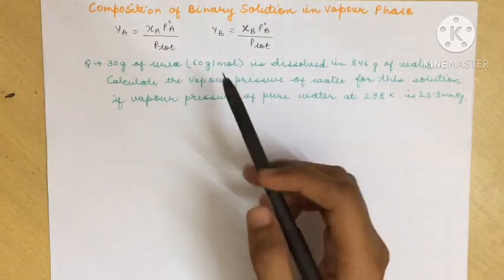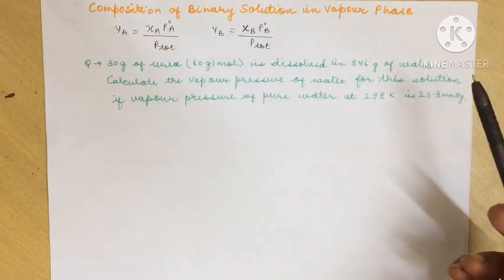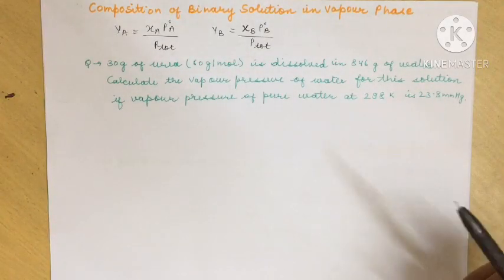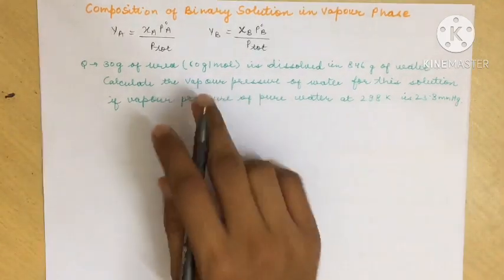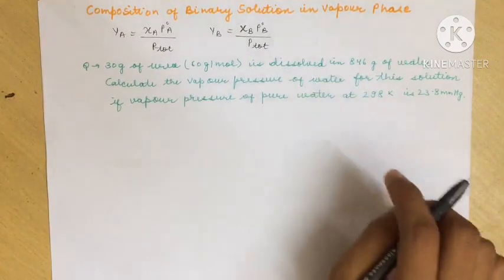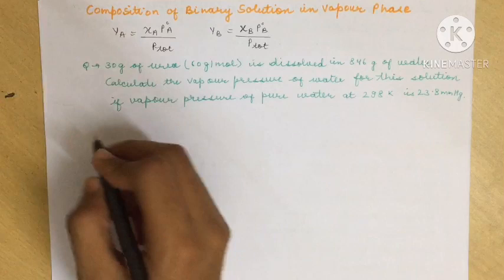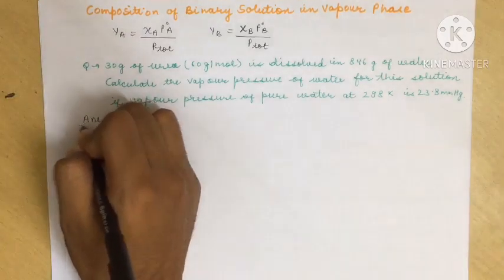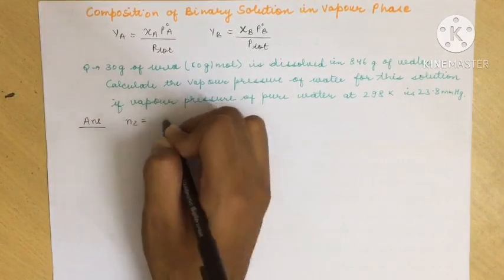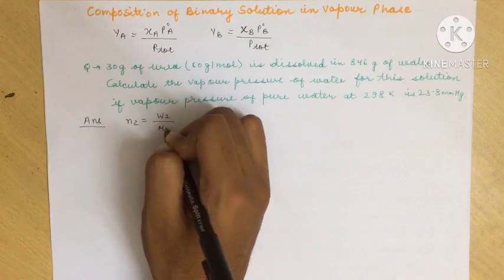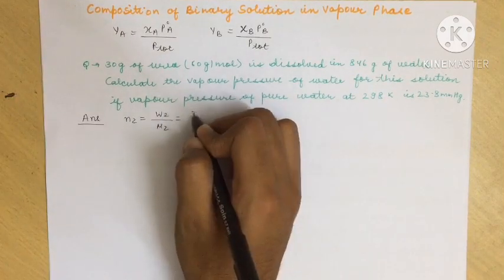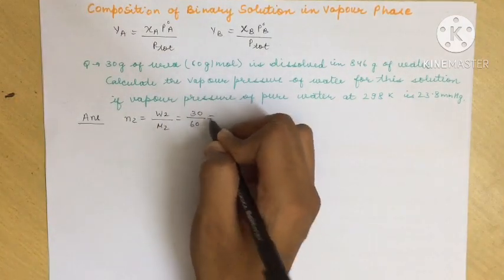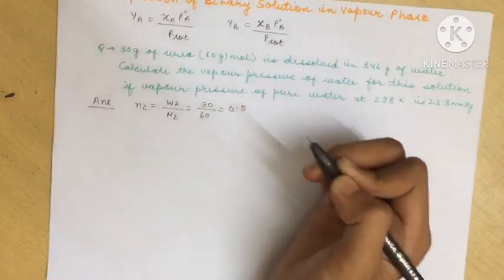First of all, let us find out the number of moles of urea and number of moles of water. Suppose we take the solute as 2, so first of all we'll find N2. N2 will be equal to W2 upon M2, that is 30 upon 60, and this is nothing but 0.5.